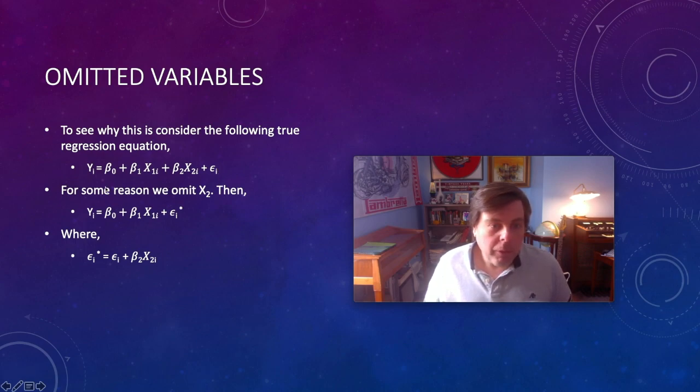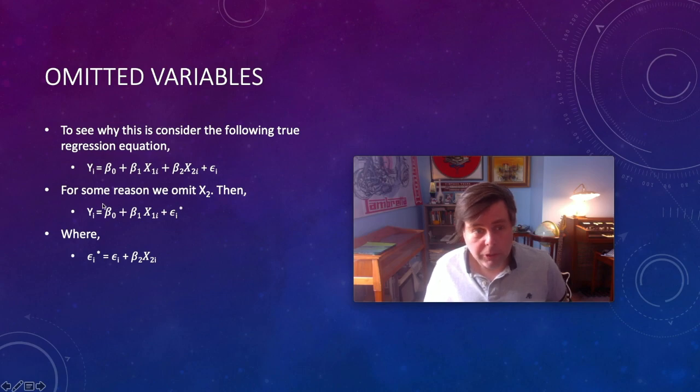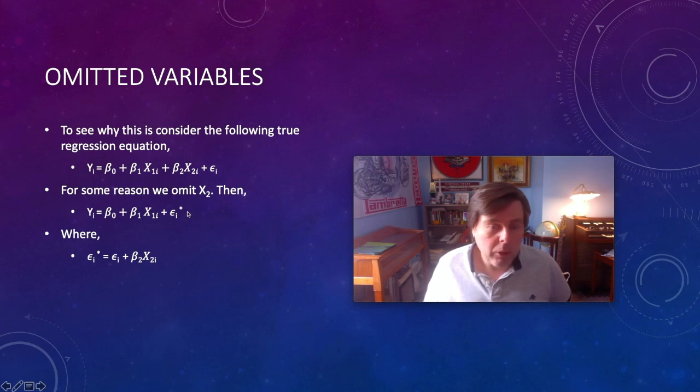But for whatever reason, we construct the following hypothesized relationship, where we hypothesize that movements in our dependent variable y are a function simply of x1, omitting the true independent variable x2.